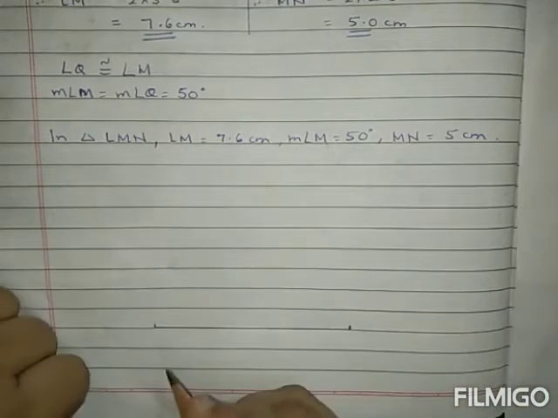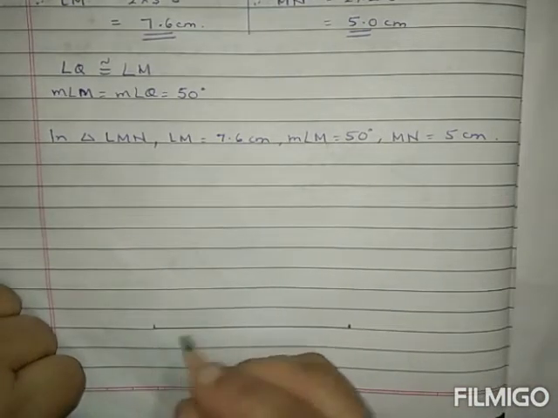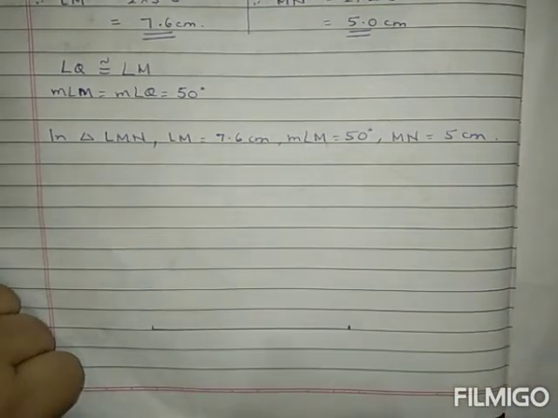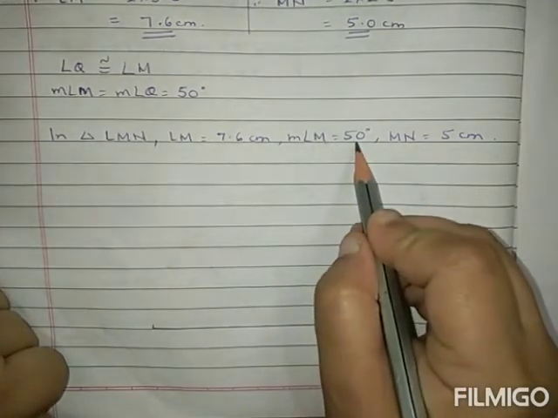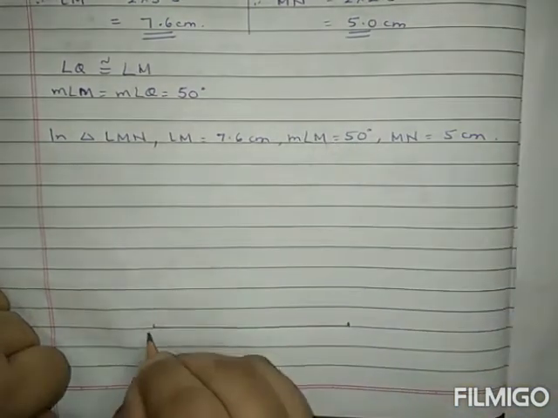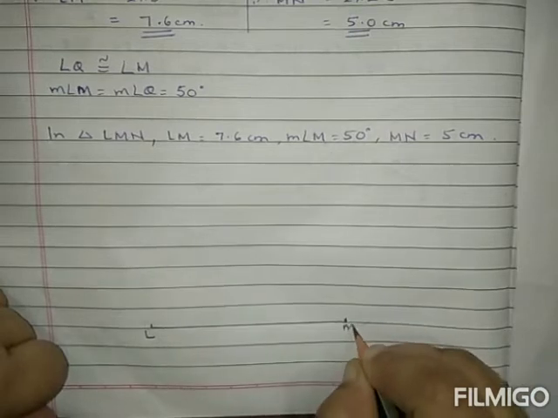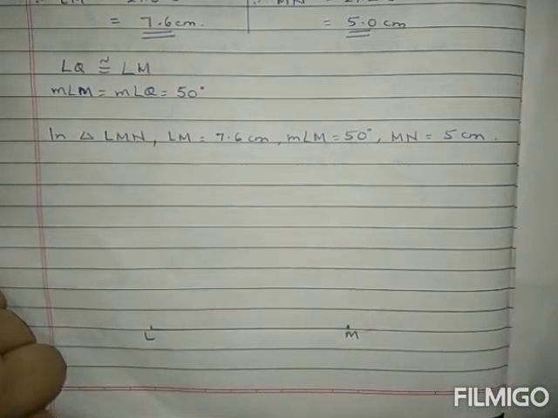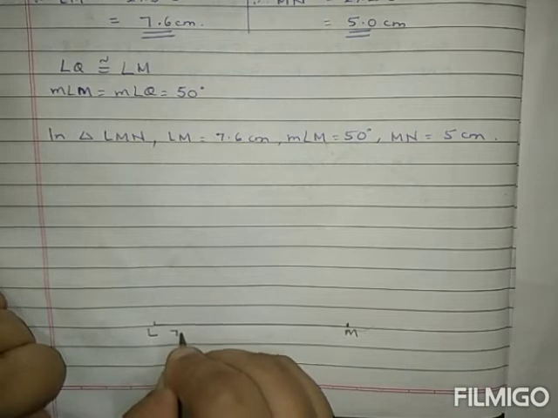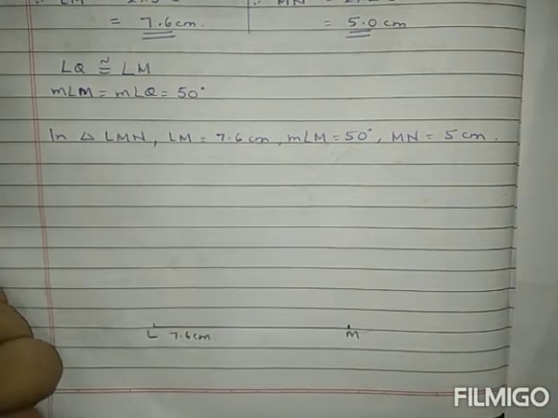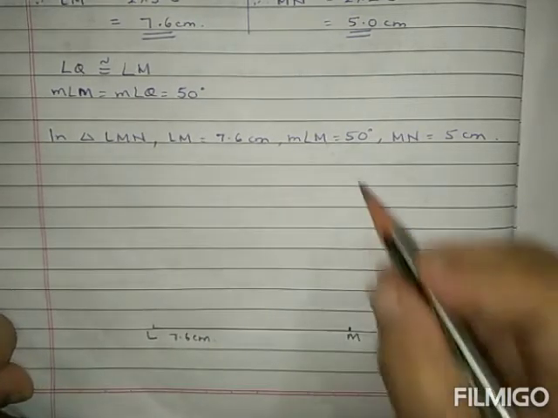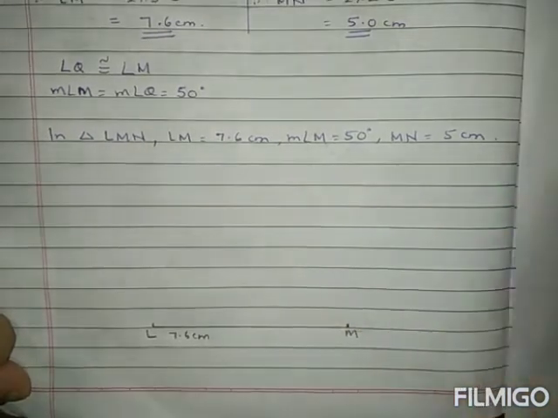Now observe this, the angle M is 50 degrees. If I write LM, there is no issue, this will be 7.6 centimeters. Now at point M we will have 50 degrees as the measurement.